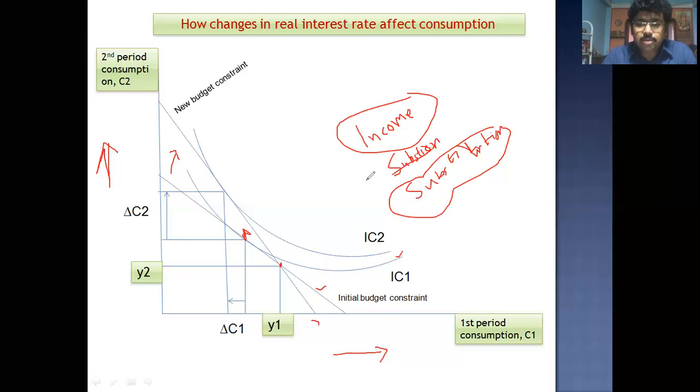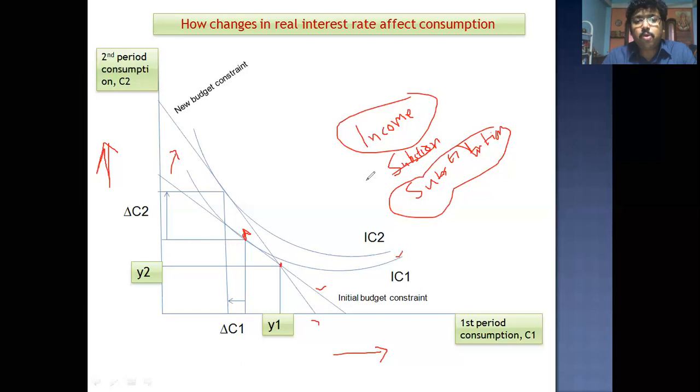Since goods are normal, and there is an increase in real interest rate, and consumers naturally are savers, not borrowers, they are consuming both goods. There is an increase in the first period consumption and an increase in the second period consumption.